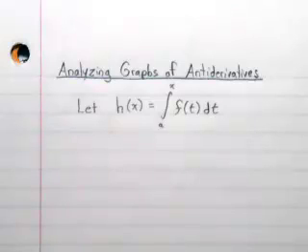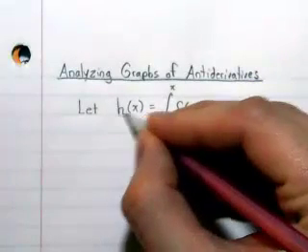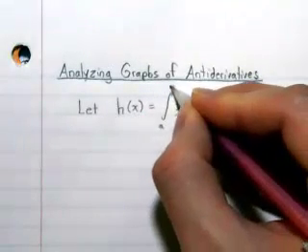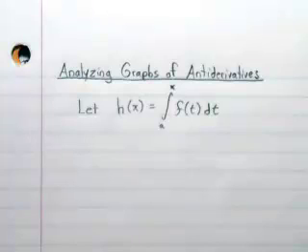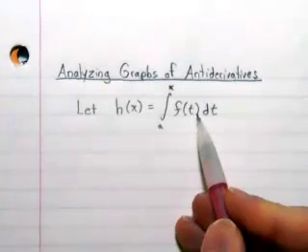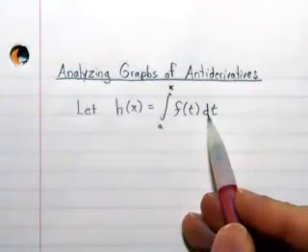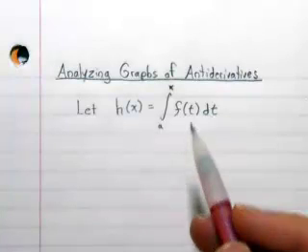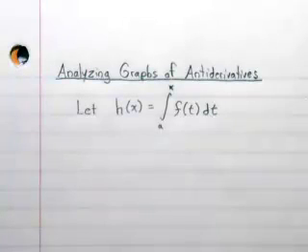Or h is the integral of f. Notice how x is the upper limit on that integral, and this is f of t dt. We're going to analyze this graph of f of x. Okay?